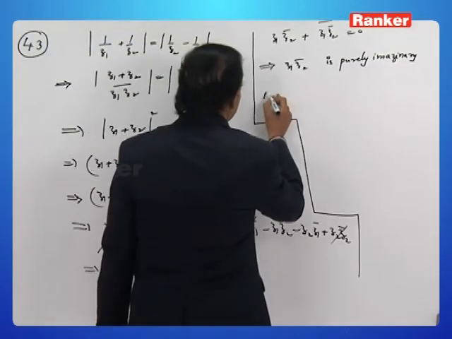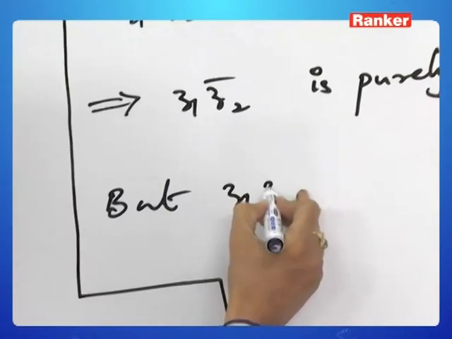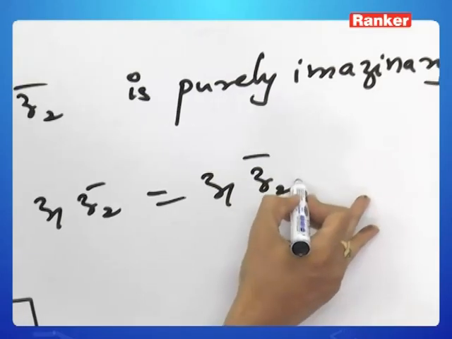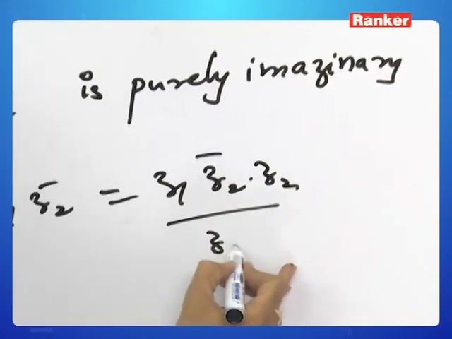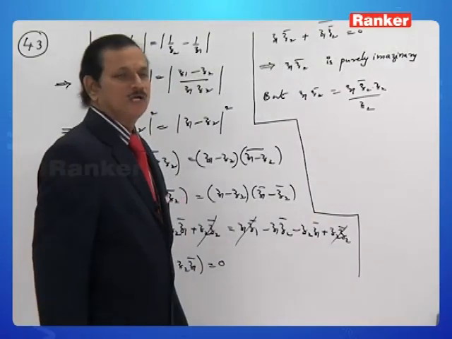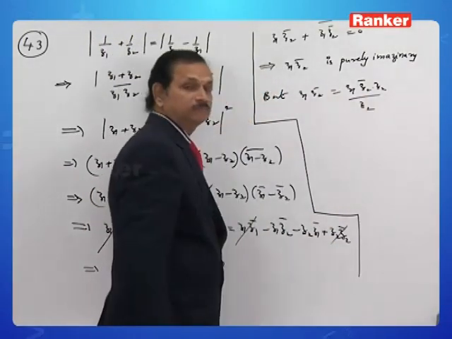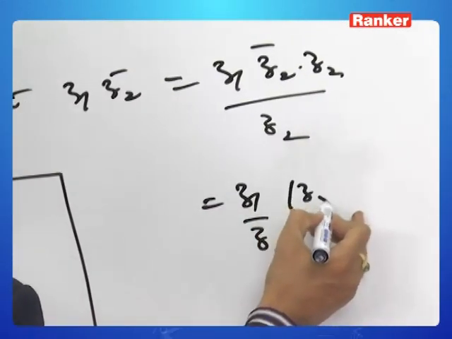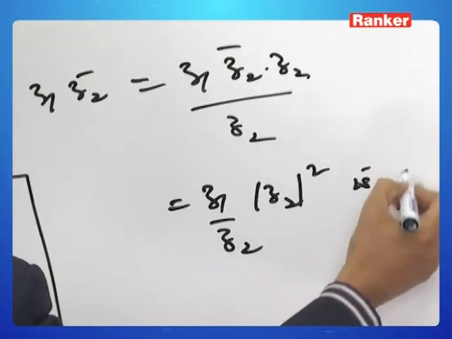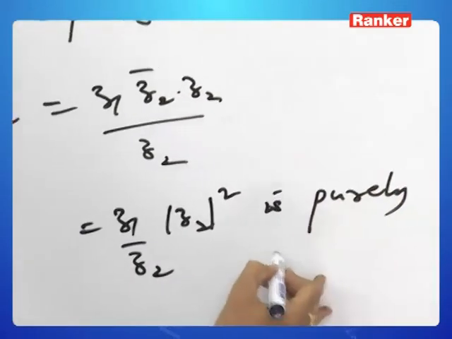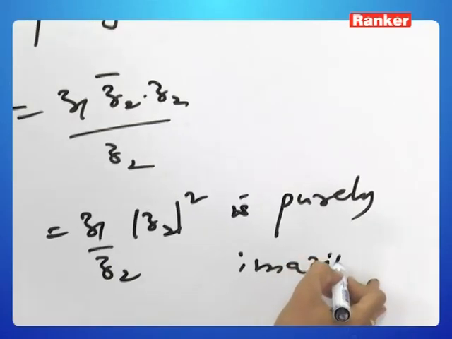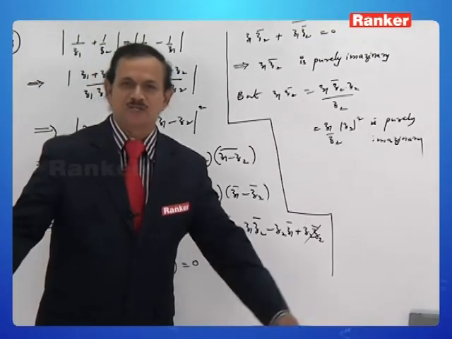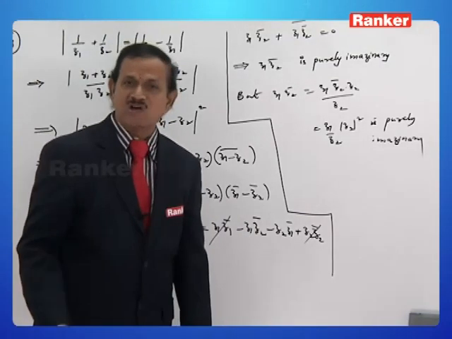But you see, Z1 Z2 bar is nothing but Z1 by Z2 into Z2 Z2 bar. Any problem? What is Z2 Z2 bar? Mod Z2 square. It is Z1 by Z2 into mod Z2 square is purely imaginary. Mod Z2 square is of course an absolutely non-negative real number.